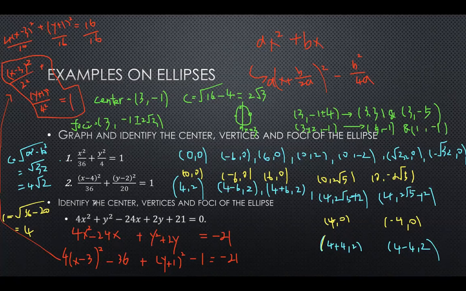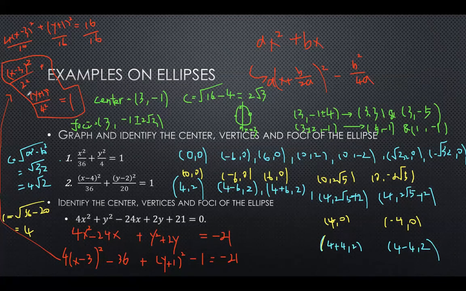For this type of question, the important step is to complete the square and get it to the standard form. After you get the standard form, you have all the information. You have the coordinate for the center, h, k, by looking here and here.